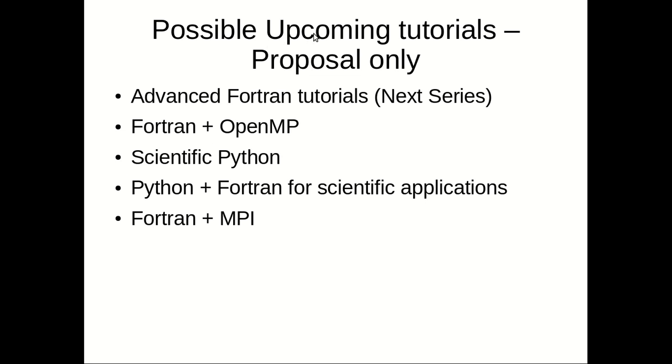Immediately I'll be starting a new series on advanced Fortran tutorials, and in these tutorials we'll be covering the remaining parts of Fortran that we did not cover in the basic tutorials. And then in the future I'll be working with Fortran plus OpenMP, how to implement OpenMP in Fortran, and look at it. And then I'll jump into scientific Python.